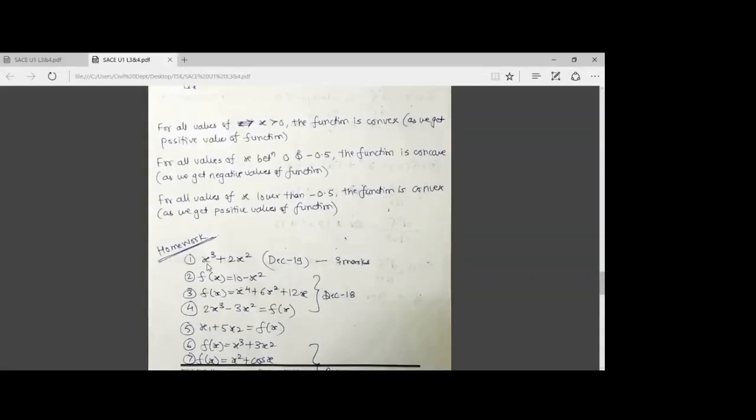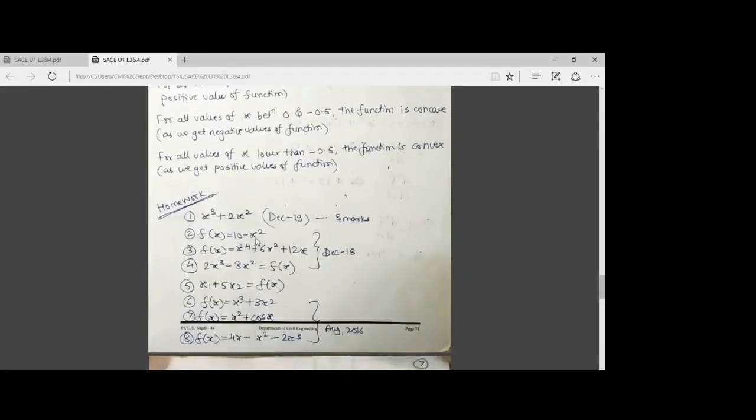Here you can see it is x cube, x square, but the variable is x only. Here also, x raised to 4, x square, 12x. So the function is a single variable function only. But in the fifth numerical, you have x1 plus 5x2. Now x1 is a different variable and x2 is a different variable, right?